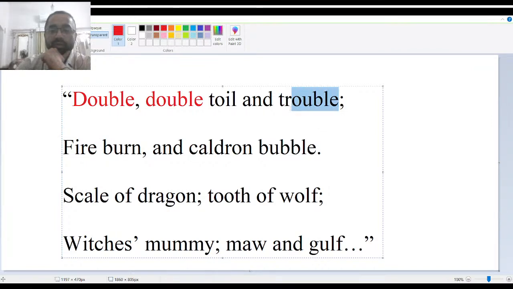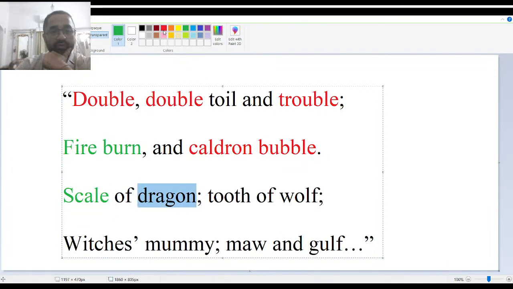Trouble is, by the way, two sounds. Double, toil and trouble. Fire is one word, one sound, one syllable, although there are two vowels, I and E. You get one sound, fire. Burn and cauldron is two syllables. Bubble is two syllables as well. Scale is one syllable.